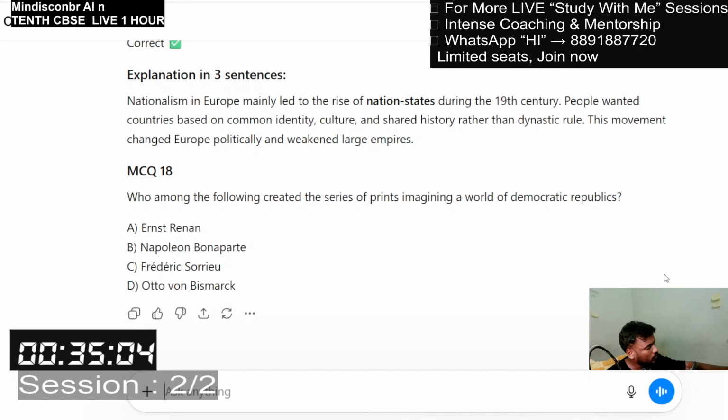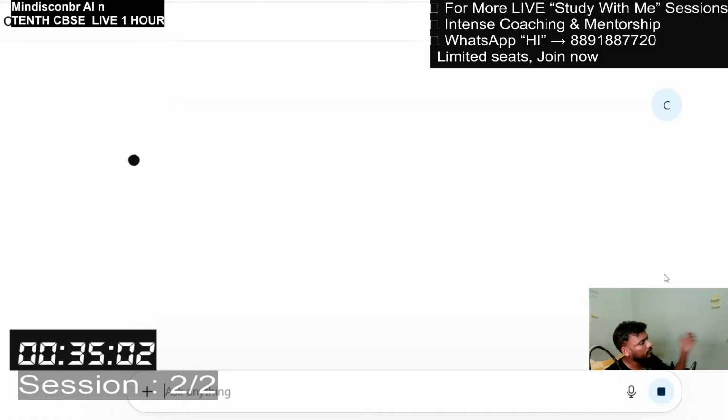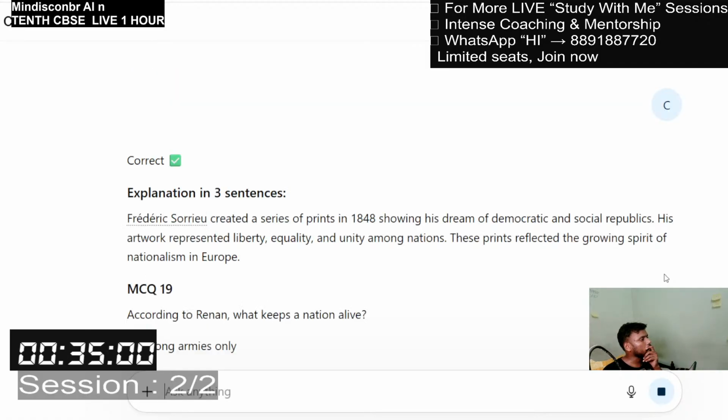Frederick Sorio. Frederick Sorio created a series of prints in 1848 showing his dream of democratic and social republics. His artwork represented liberty, equality, and unity among nations. These prints reflected the growing spirit of nationalism in Europe.